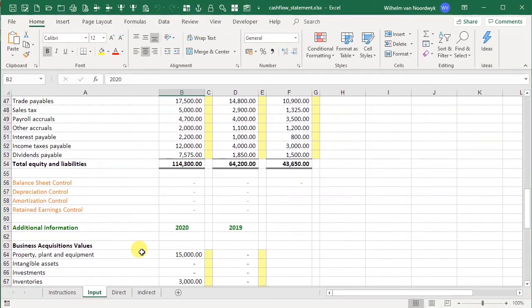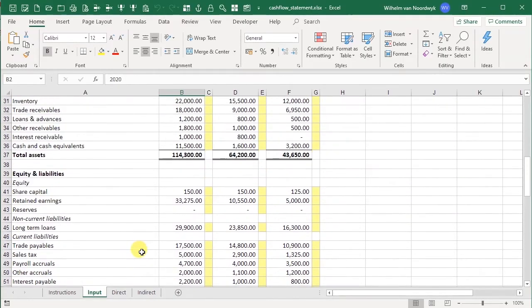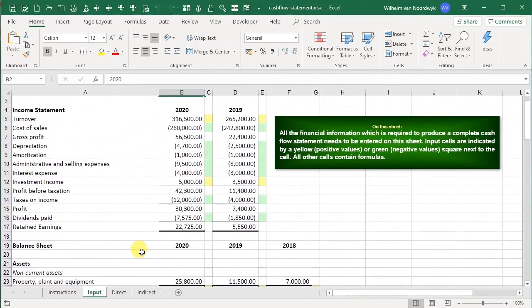The first is a balance sheet control, which simply checks whether the balance sheet is in balance after the user has entered all their input values. The next one is a depreciation control, and that basically checks whether the movement in the accumulated depreciation agrees with the depreciation total on the income statement.